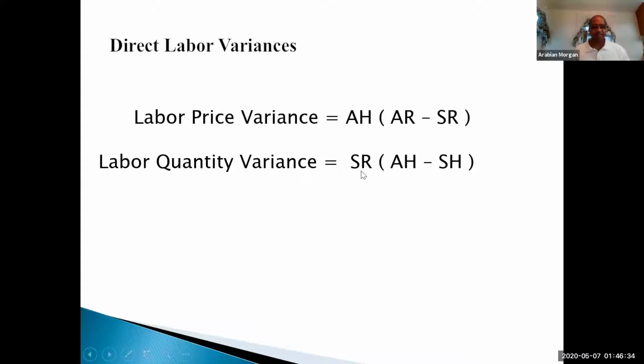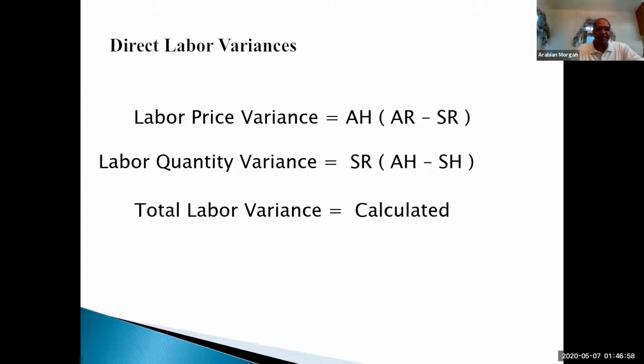I'll rewrite that as the standard rate, and then in parentheses, actual hours minus standard hours. And then finally, the total labor variance, I'll just write that as calculated. That will be calculated.